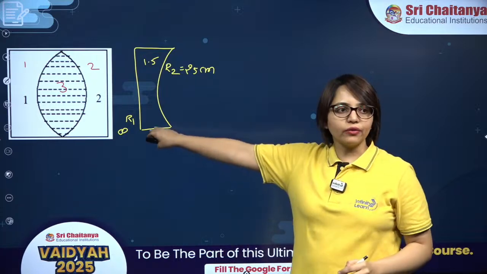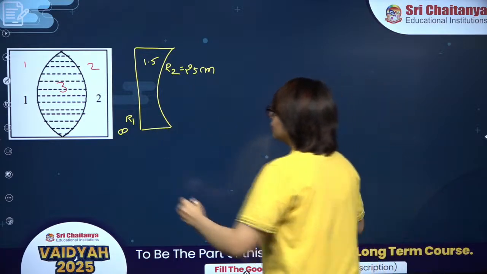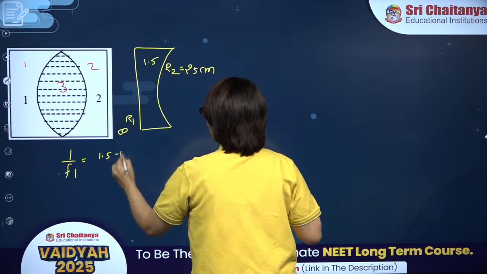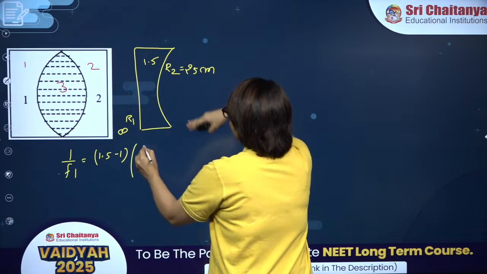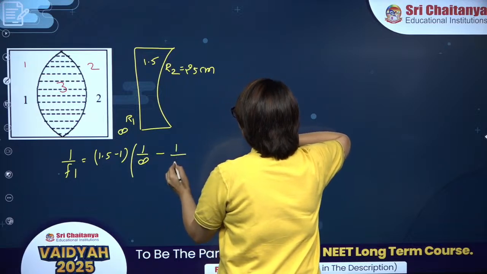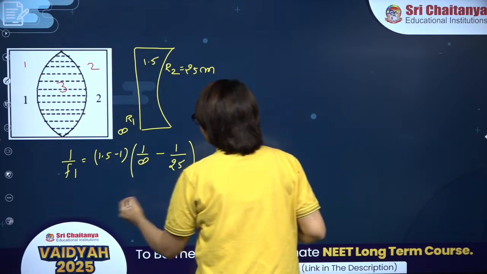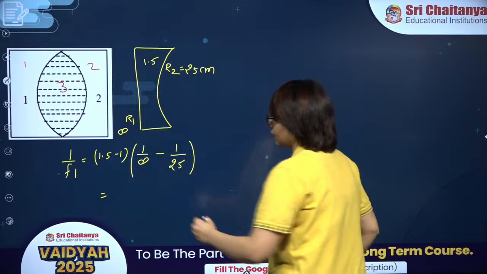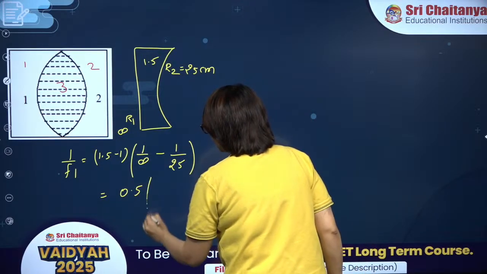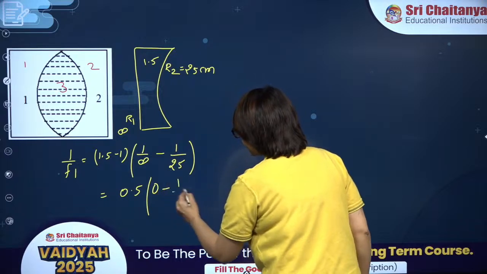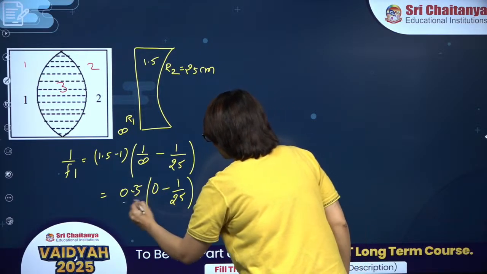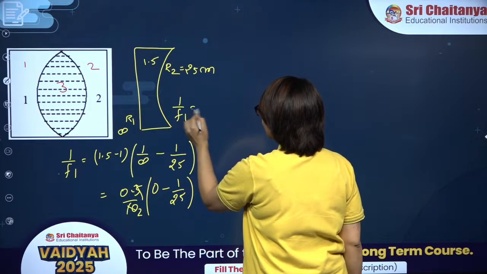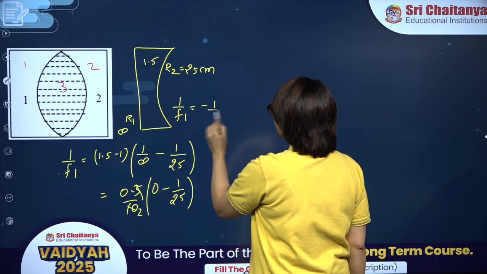So let's say focal length of this one is f1, and 1/f1 is mu minus 1 into 1 upon R1 minus 1 upon R2, right? So R1 is infinite, R2 is 25 centimeter with positive. So it is 0.5 times 1 upon infinity 0 minus 1 upon 25. So 1 upon F1 in this one is minus 1 upon 50.